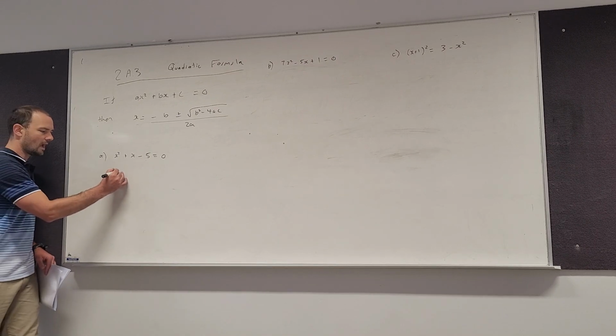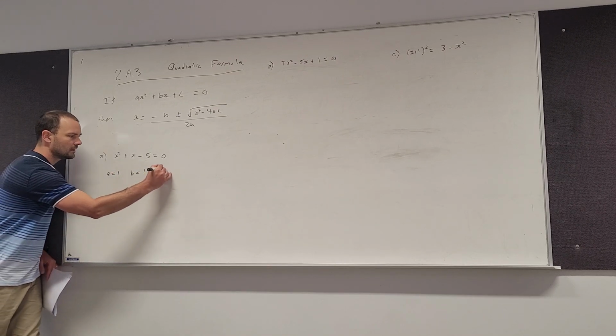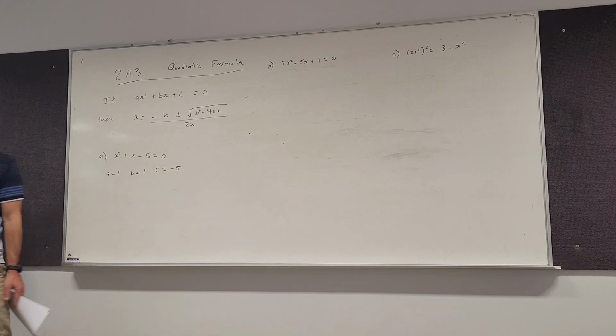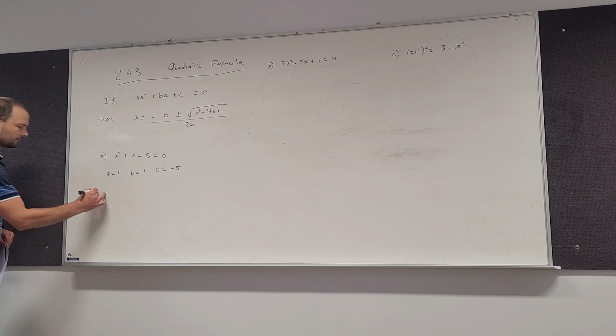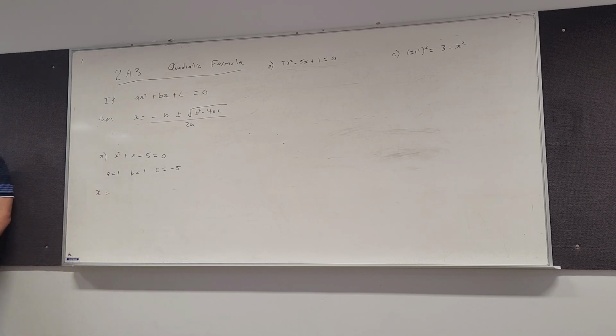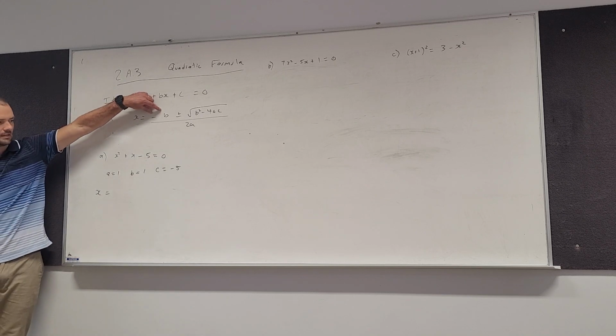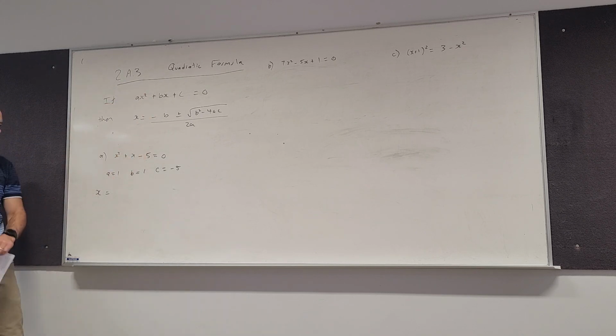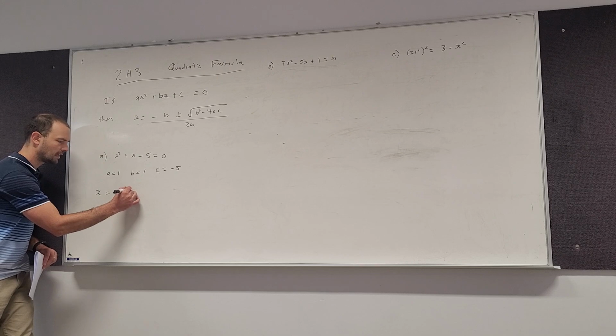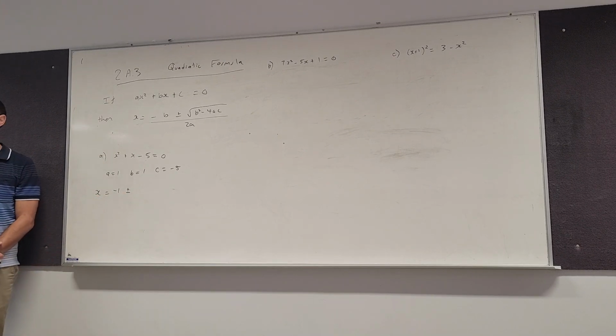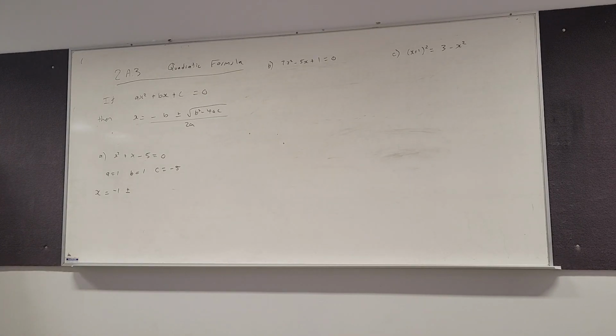So let's see. We've got A is 1, B is 1, C is minus 5. If it's got a positive or a negative with it, you need to keep that with the number. All right, and let's put it in. I've got x is equal to minus b, so that's going to be minus 1, plus or minus. That's suggesting there are 2 possible roots, right?